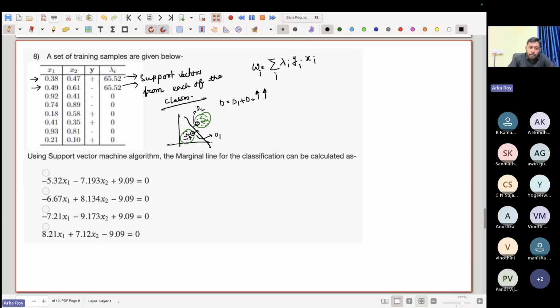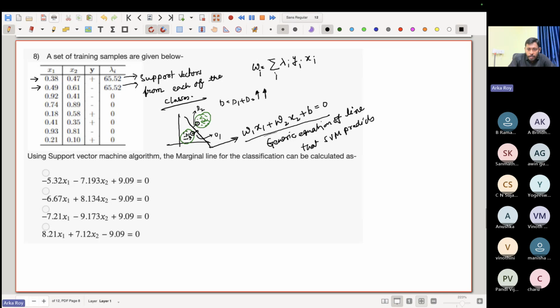For the equation of the line that the SVM will predict, the generic equation is simply W1 x1 plus W2 x2 plus bias, or the intercept, equals 0. So this is the generic equation of a line that SVM predicts. Now we have to find the values of W1, W2, and B.